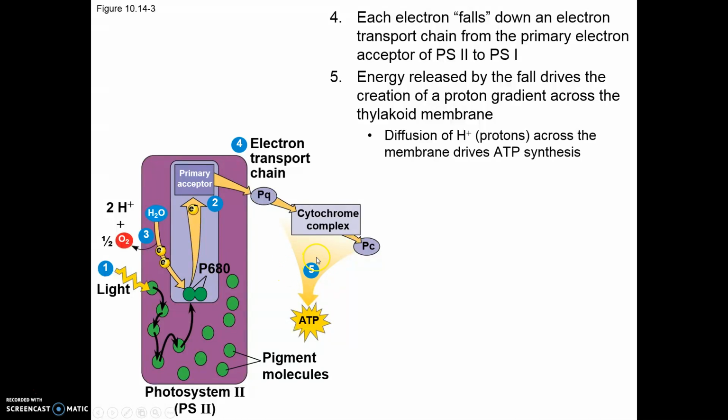So inside of the thylakoid, it will pump the protons into it. That produces a gradient, which can then diffuse back through an ATP synthase, which can generate the ATP. This is essentially the same ATP synthase that we see in mitochondria.